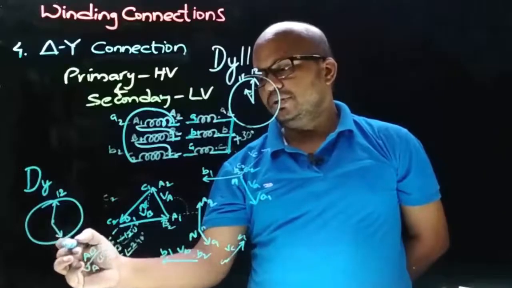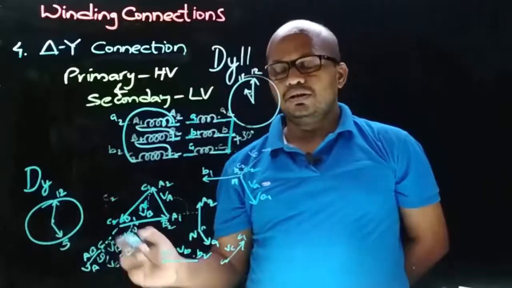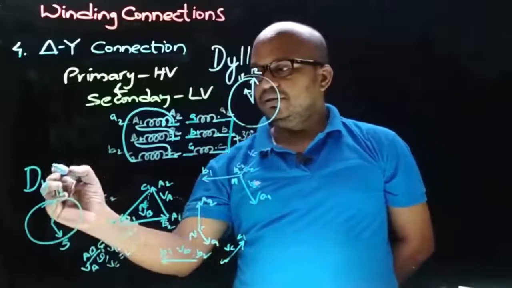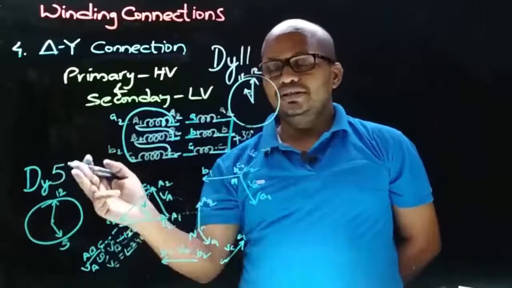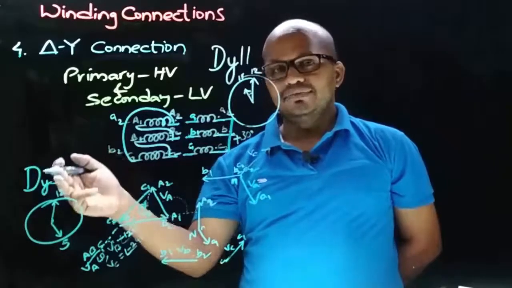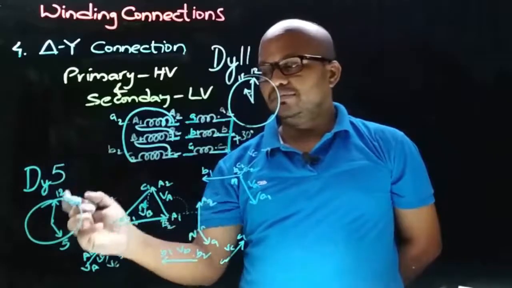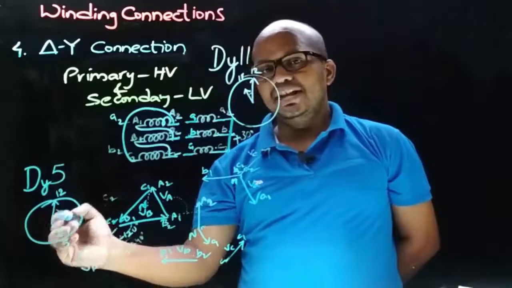So the hours needle will be pointing towards 5, which will indicate 5 o'clock, and from this we can say that the numerical in the vector symbol is 5, which will indicate the LV side phase to neutral voltage displacement with respect to the HV side phase to neutral voltage, and that is given by the angle between the minutes needle and hours needle.